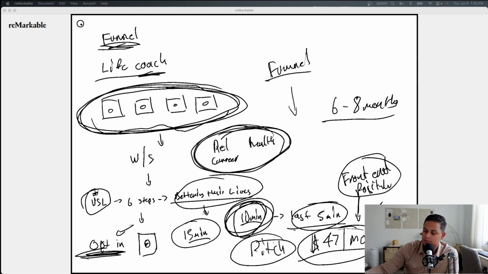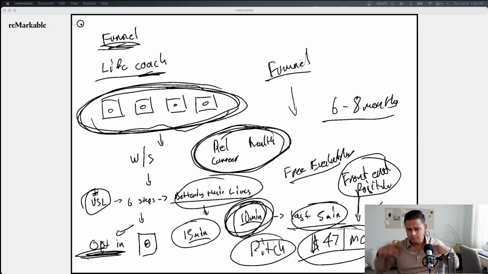Instead of selling them something, you could give a free evaluation of some sort, a strategy call maybe, something that moves people through the pipeline. Something that grabs someone where they are and helps them get to where you want them to be in order for you to do business together.